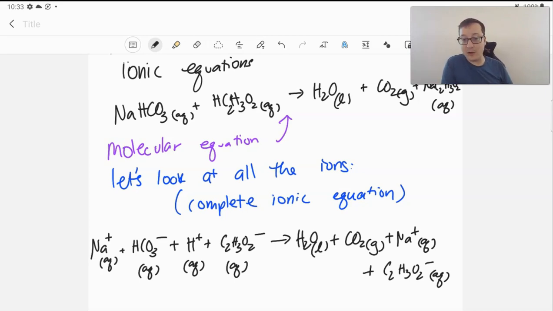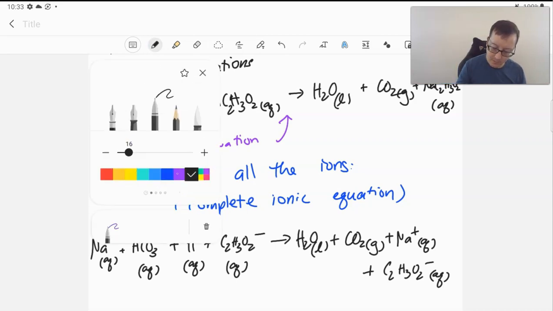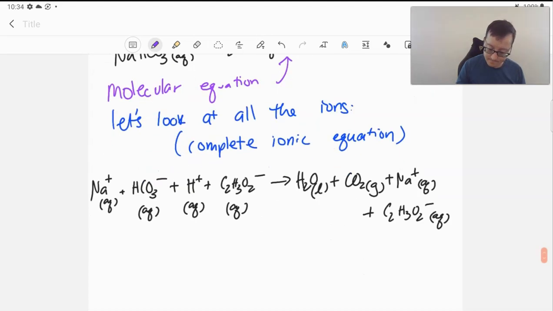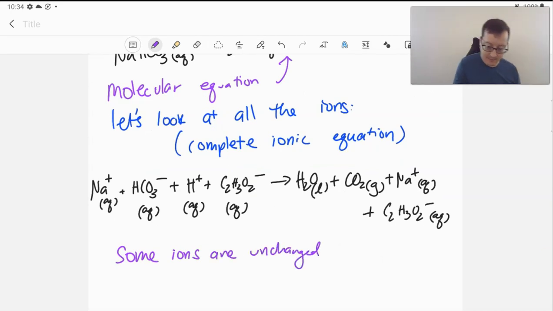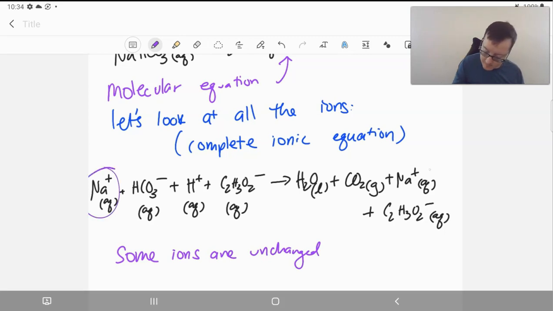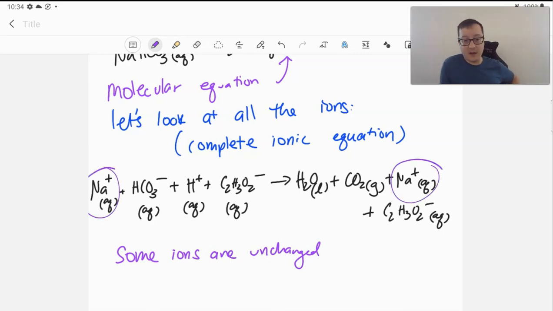We're able to see everything that's in this reaction at the beginning and everything that's present in the solution at the end. And so when we take a look here, we might see some ions are unchanged. In this case, we have sodium ion on both sides of this equation.